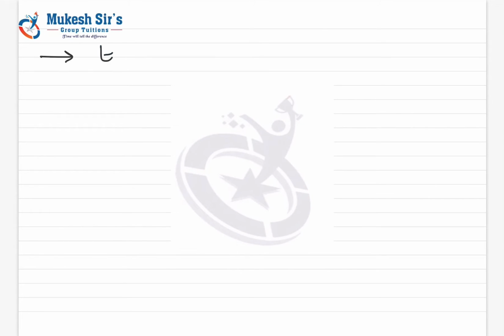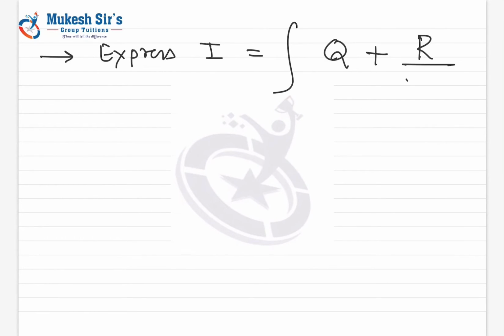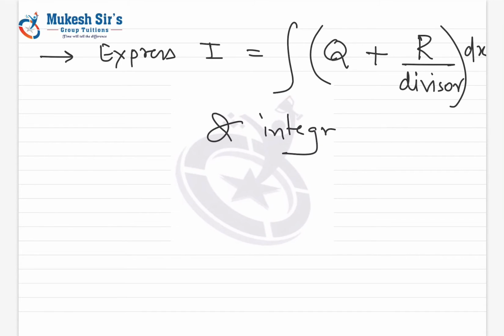Now you can express the integral. Once you get the quotient and remainder, you can express the integral as I is equal to integration of quotient plus remainder upon divisor, and then you have to integrate. Okay. Sometimes you can use adjustments also.